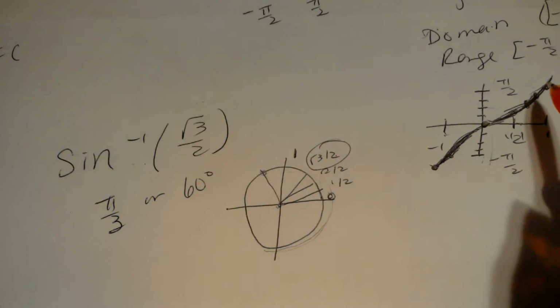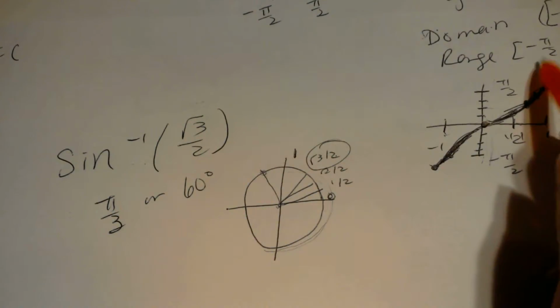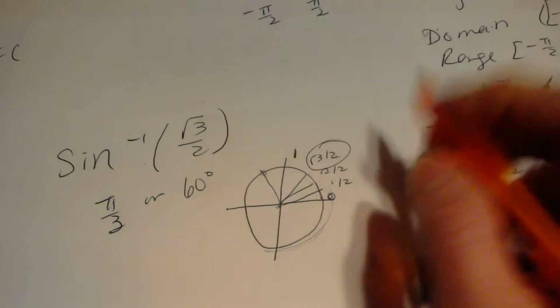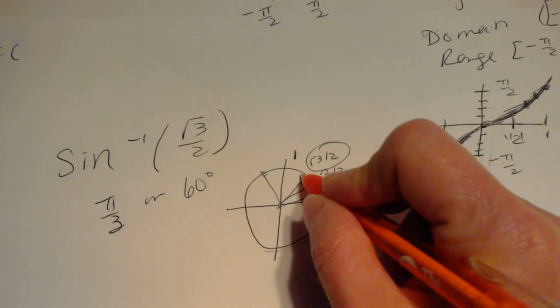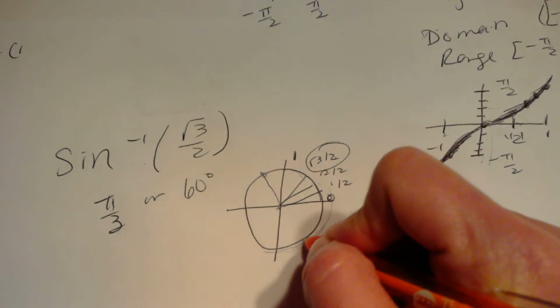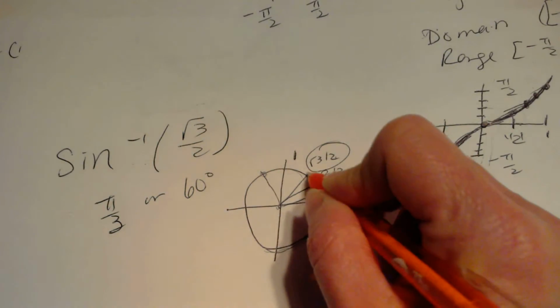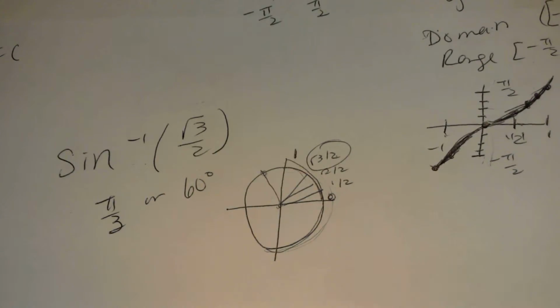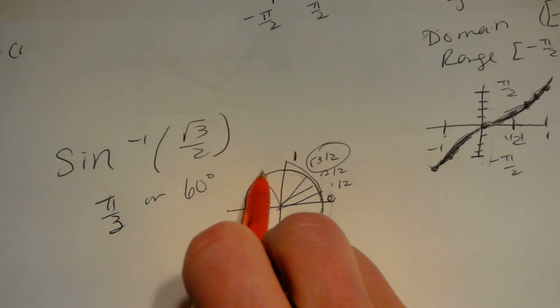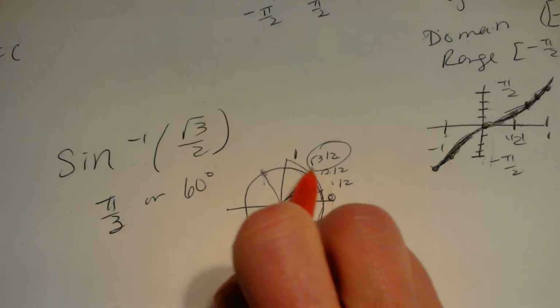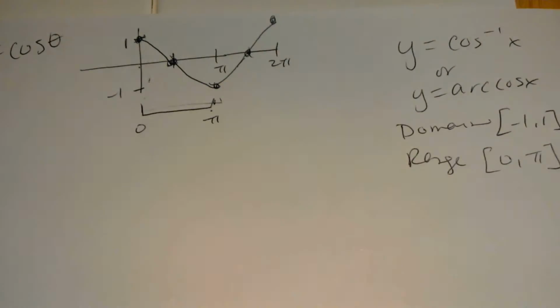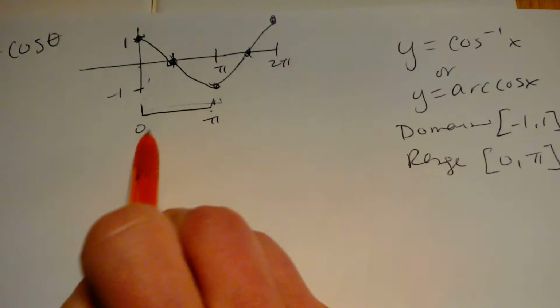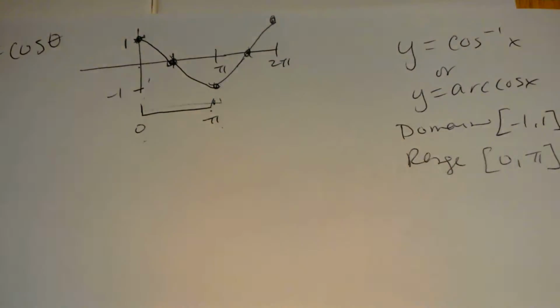But when we're restricting it, we're only looking from negative pi over 2 to pi over 2. So we're only looking for these values. Okay, so that is why we chose this one. So sorry, I kind of left that out. Like I said, this one also works, but it doesn't work in the range we're looking for. So this one, we're only looking at the range from 0 to pi.